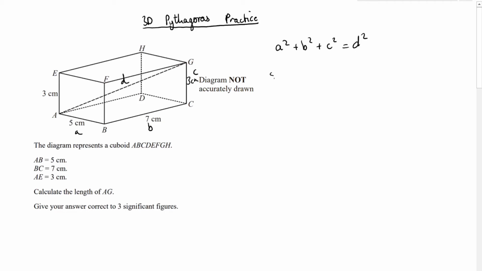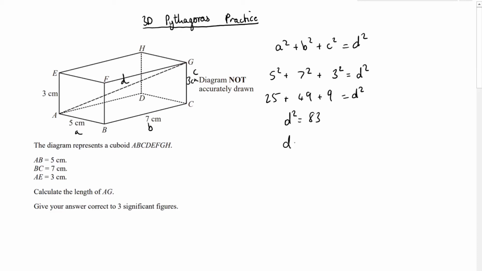That's just going to be 5 squared plus 7 squared plus 3 squared is equal to D squared. Now 5 squared is 25, plus 49, plus 9 is equal to D squared. When we add these all together, this becomes 58, and that's then going to become 83. So D squared is 83.